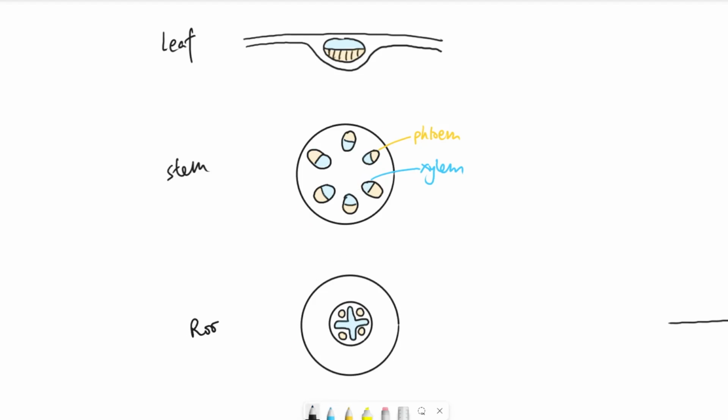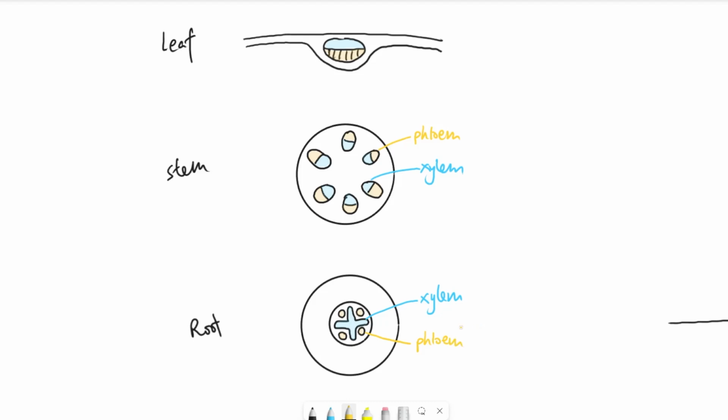And then finally, the one on the bottom is actually how they're arranged in roots. So again, that's a cross section of the roots, so the roots are coming out towards you. And the xylem, conveniently, is found in the middle, usually as a cross shape. So think of xylem starting with the letter X, so it's got a cross shape in the middle, whereas the phloem are arranged around it in these spaces around the cross.